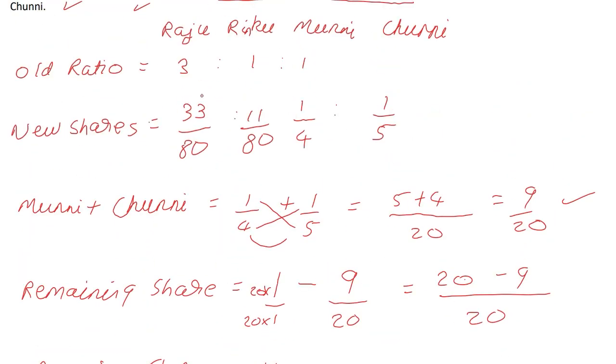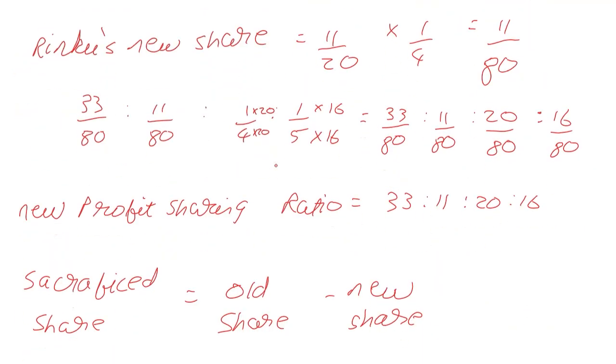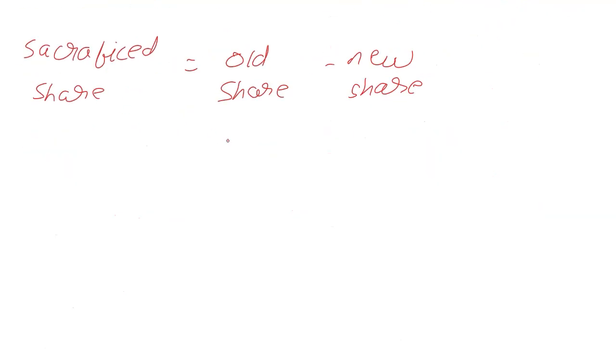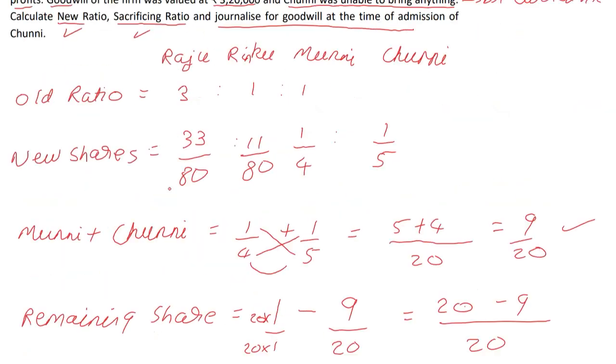We have three old partners, and these are their old shares, and the new shares we have got downstairs. So 3 by 5, 1 by 5, 1 by 5. It will be good if I write down all their names.